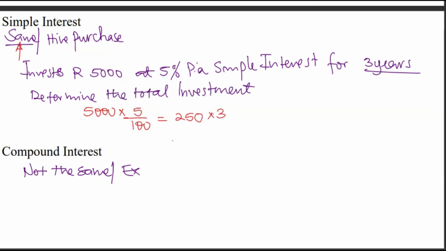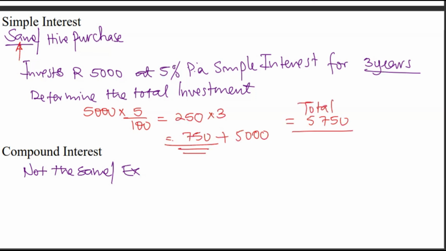We shall multiply by 3, whereby we end up having 750. Now, this is the total interest plus the money the person invested. So at the end of the day, the person has got this much money after 3 years. So now this is the total investment.